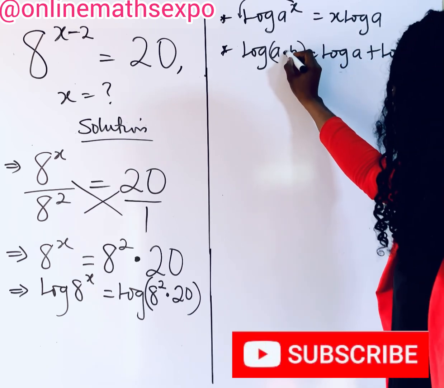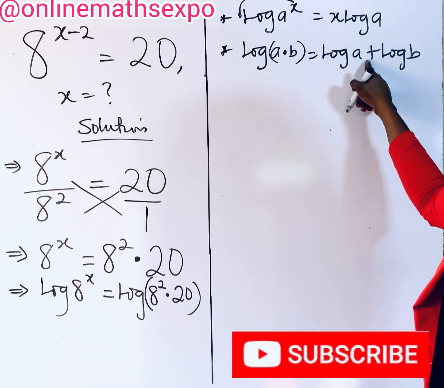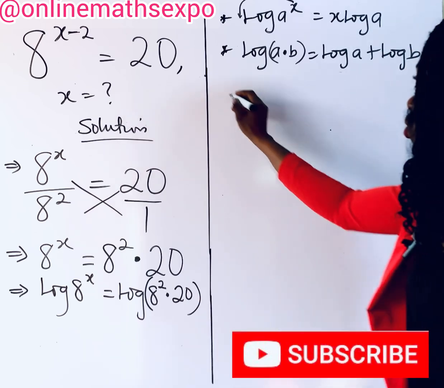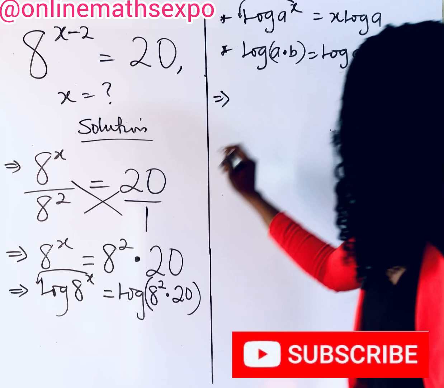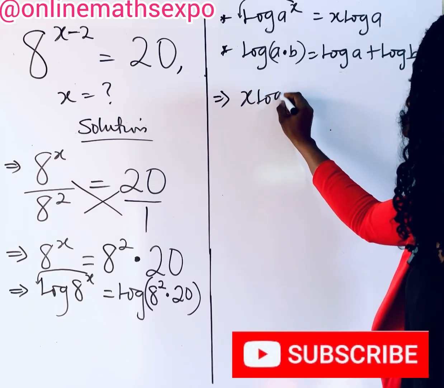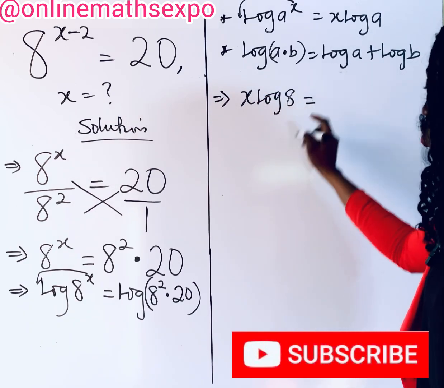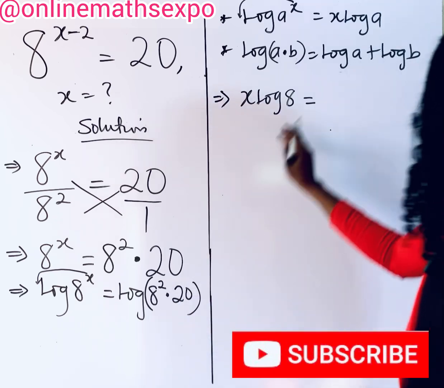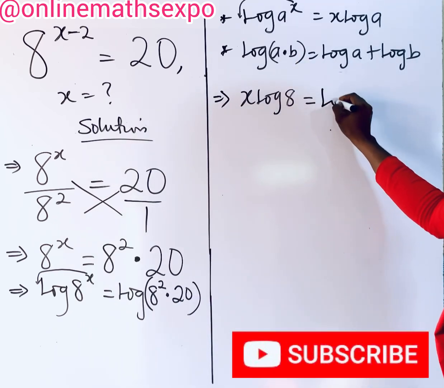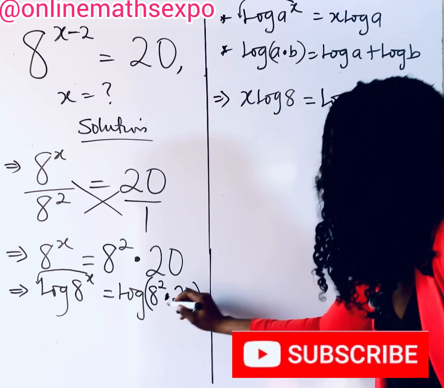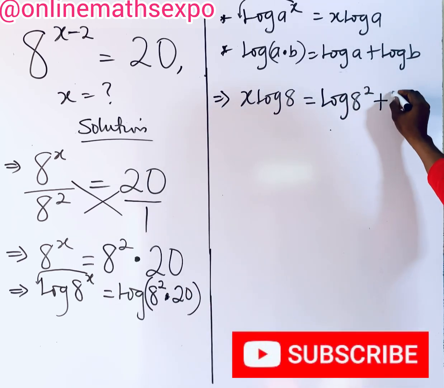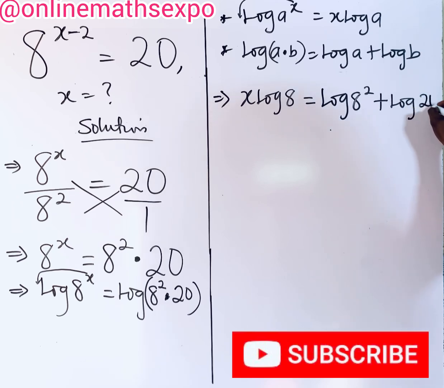The multiplication turns to addition. So if you apply this here, x will multiply the log. So we are going to have x log 8 is equal to, for this, apply this. So it's going to give us log of 8 to the power of 2. This multiplication sign turns to addition. Then you take log of 20.